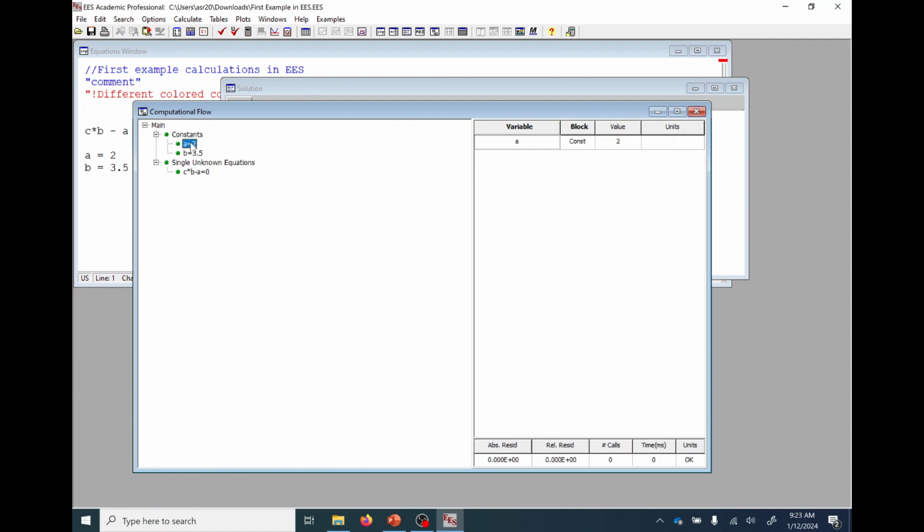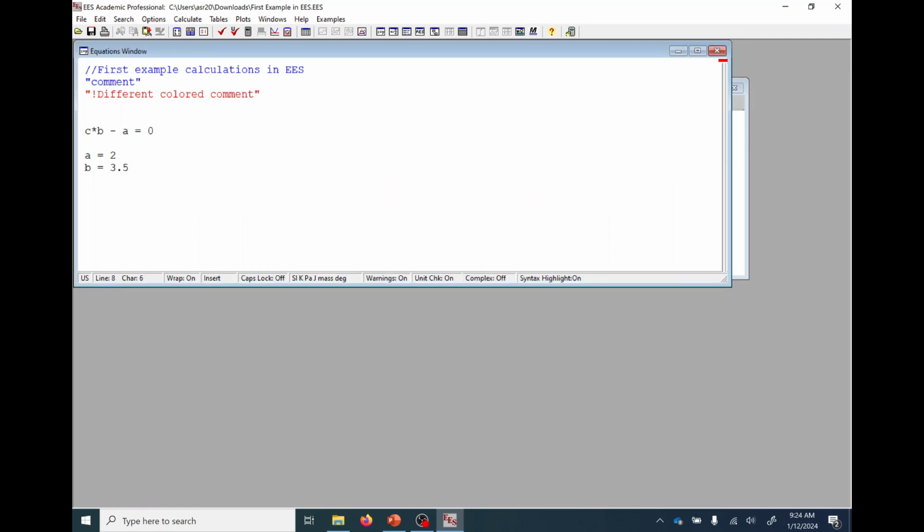So if I ever have an equation that just assigns a value to some variable, which I'll often do at the start where I have my inputs to a problem, like A equals 2, B equals 3.5, EES does those first. Then it evaluates single unknown equations that are based on these constants. So here I've got a single equation that depends on A and B, and once I know A and B, it's going to iteratively solve for C. Okay, so that's good so far.